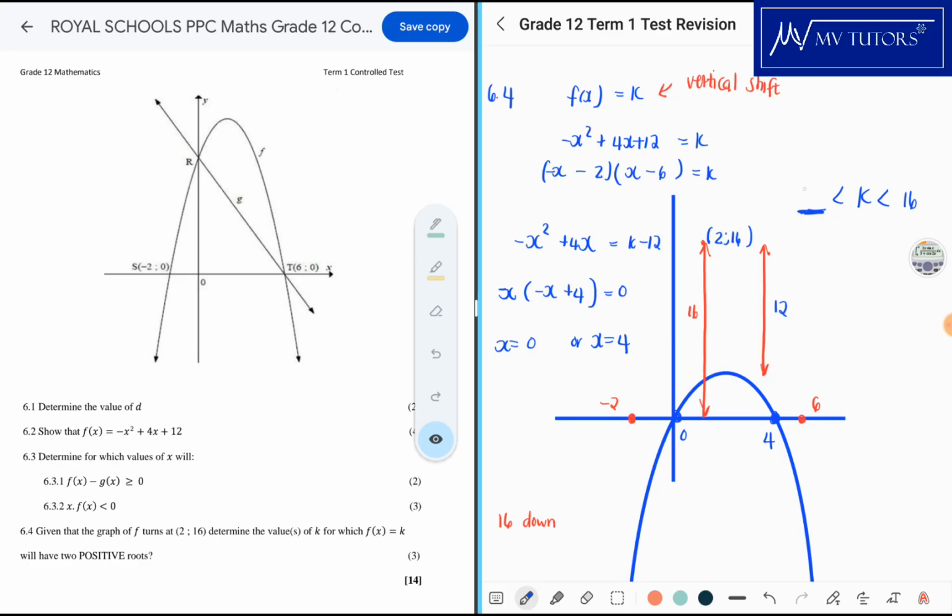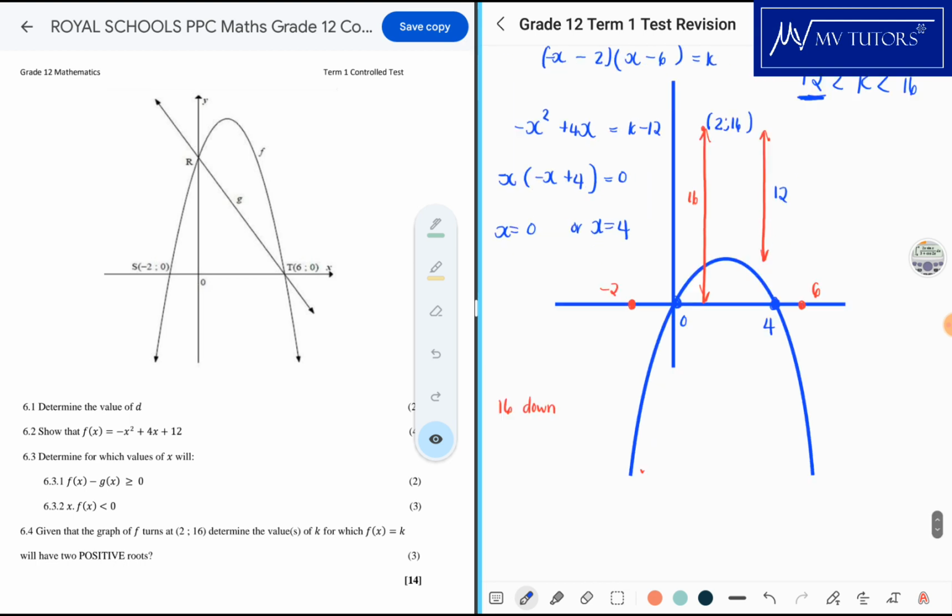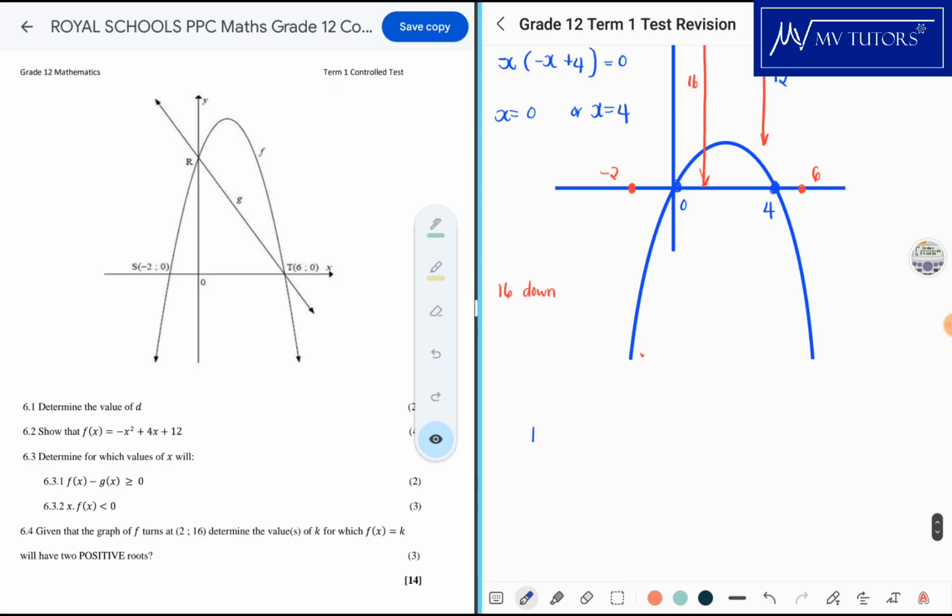And so k will have to be in between 12 and 16 for there to be 2 positive roots. Or I could say k is an element of, remember we use round brackets, from 12 to 16. And that is it for question 6.